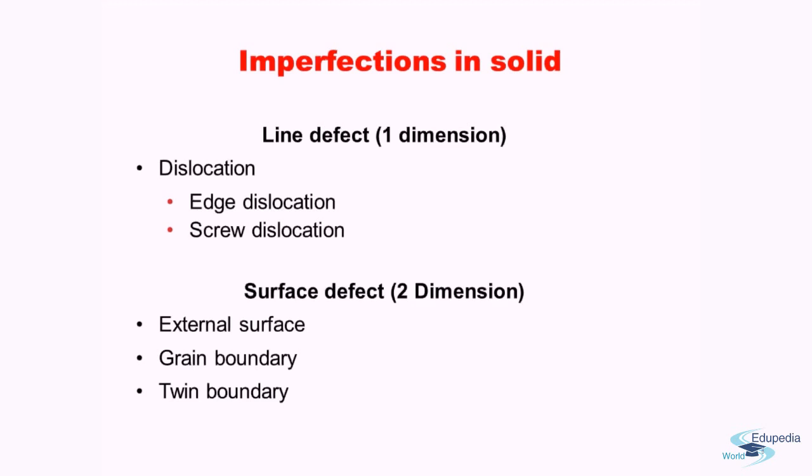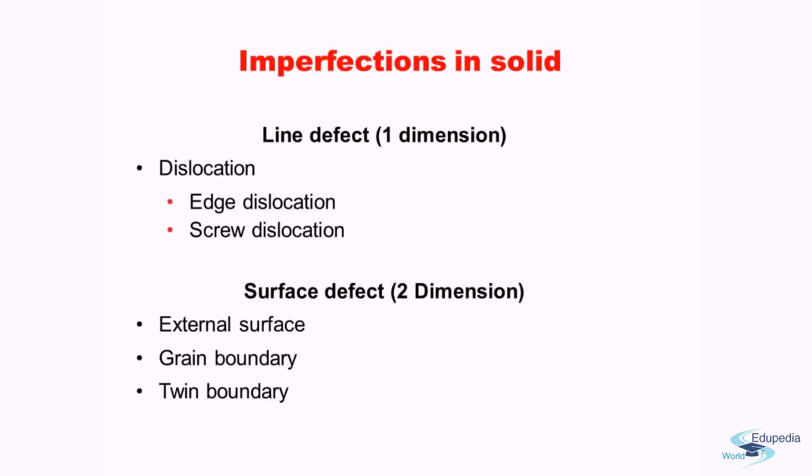These grain boundaries come into the picture in the case of polycrystalline materials. As I have discussed in the previous lecture, polycrystalline materials are materials which have different regions of crystallinity, and each crystal region, or what is known as each grain, has an orientation mismatch with its surrounding grain.